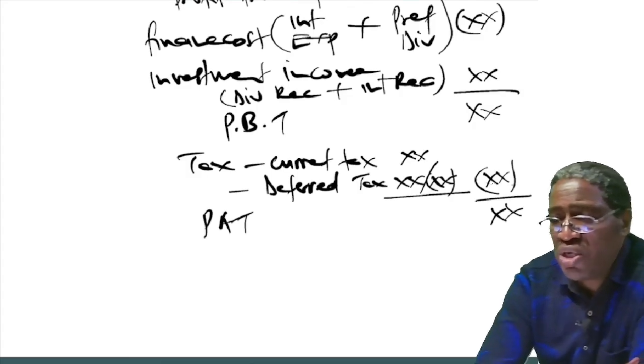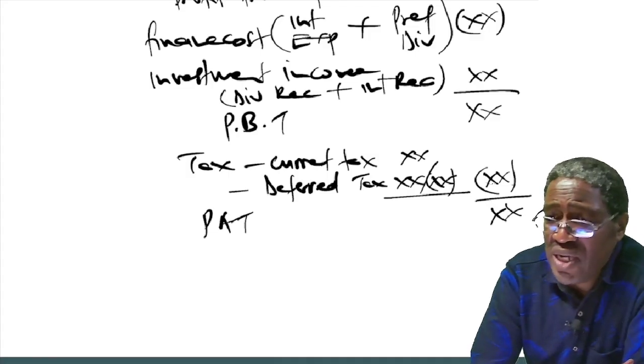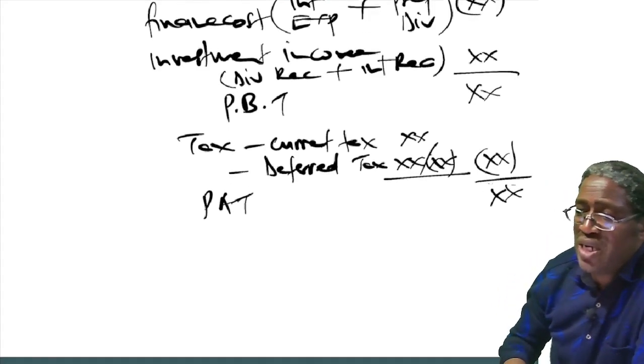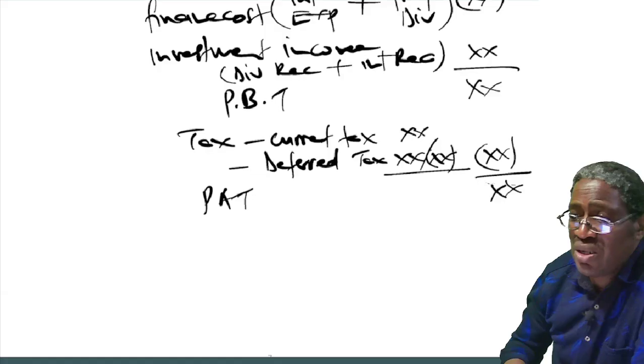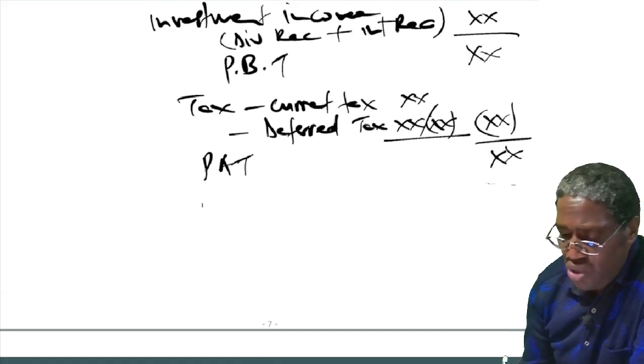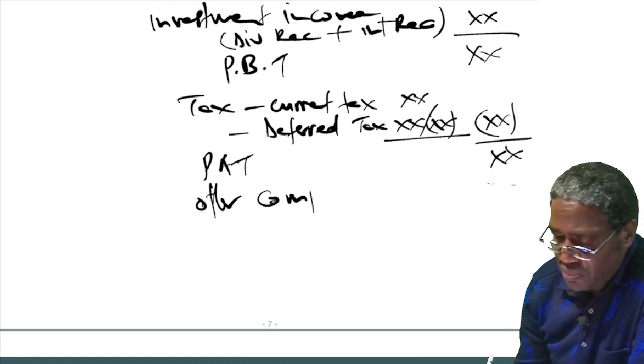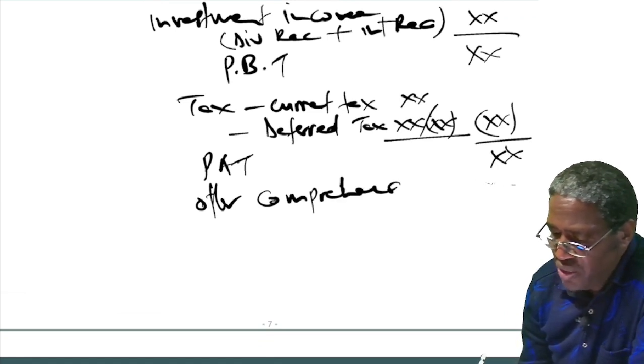Then I told you if the question just says you prepare income statement, that's where you stop. But if the question tells you to prepare an income statement and other comprehensive income, now you come and show other comprehensive income.